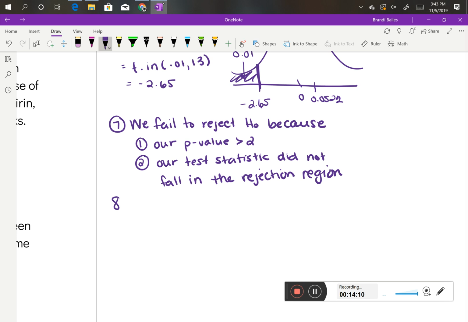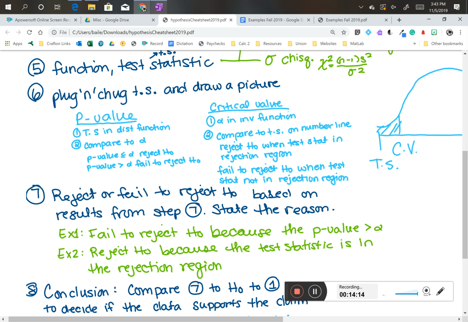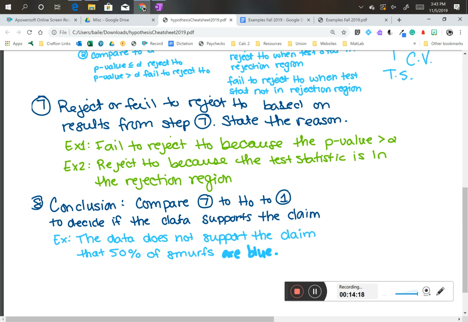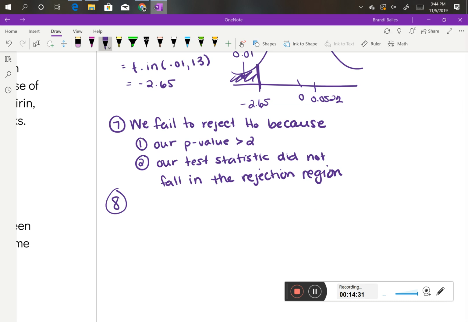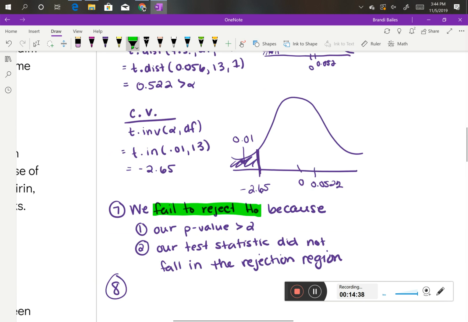Okay, so step 8 is one of the trickiest parts of the whole thing, and that is writing it in regular words, leaving behind all of the statistics and just writing the statement in regular English. So we compare step 7 to the null hypothesis to the claim and decide if the data supports the claim. All right, so going through here, in step 7, we fail to reject H0. So let's go back up and see what H0 is.